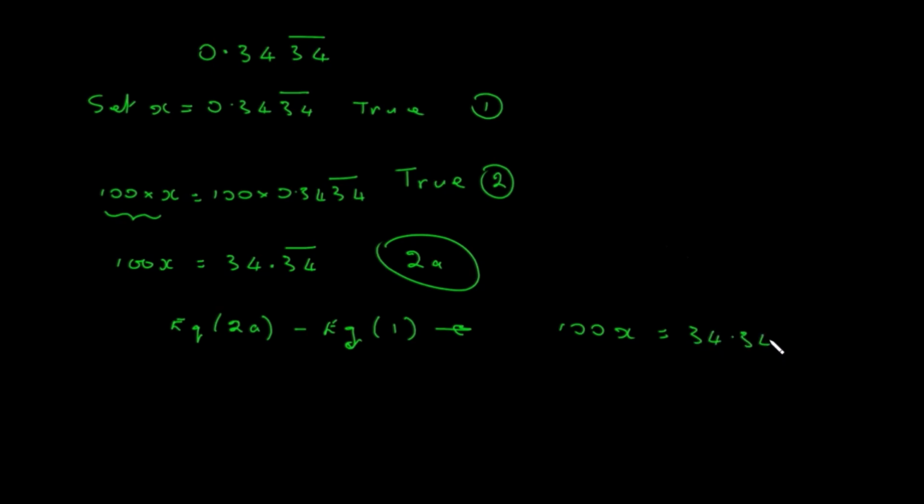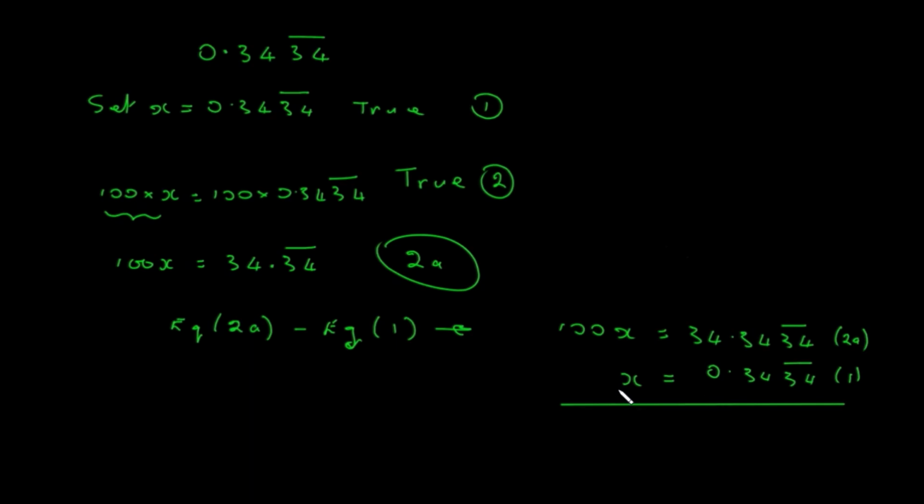Alright, I'll write it this way. That is the same as this. So that is equation 2a. Now I said subtract from that equation 1. This is equation 1, 0.34, right? So it is 0.3434. That's equation 1.